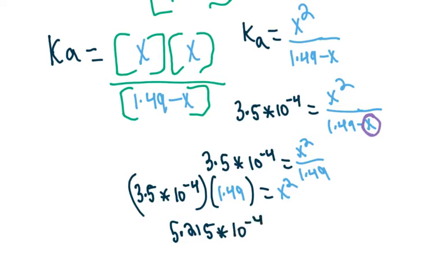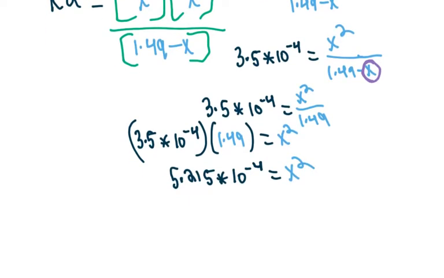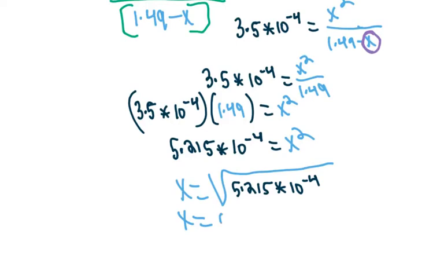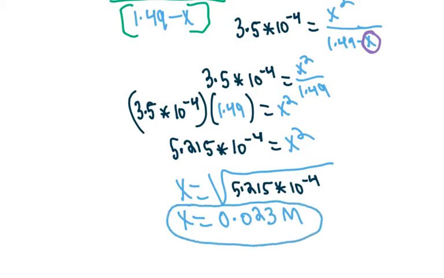All of that's going to equal x squared, and then we just square root, right? So x equals the square root of 5.215 times 10 to the negative fourth, and it's going to lead to x equals 0.023 molarity.